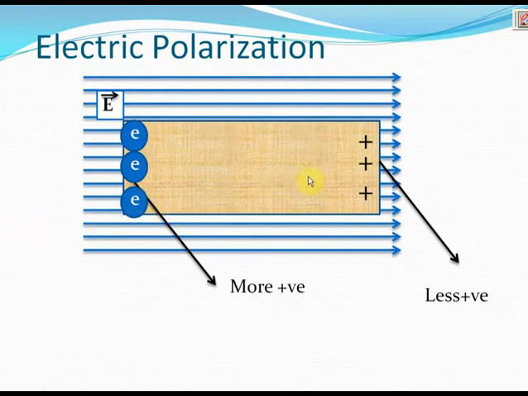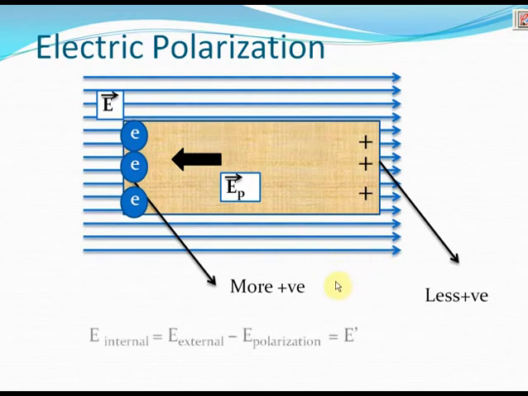Now because of this creation of negative and positive charges, an electric field called E_P, or the electric field due to polarization, starts acting inside the dielectric from right to left, that is, from the positive charge towards the negative charge, and therefore the net electric field inside a dielectric is actually E external minus E polarization.